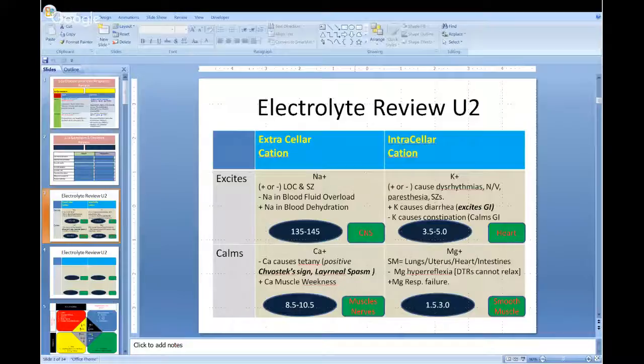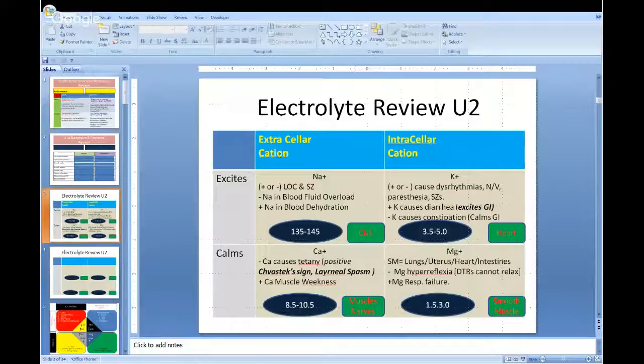It's 3.5 to 5, and it affects your heart. And then calcium? Calcium is 8.5 to 10.5, and it affects the muscles and nerves. Yep, and then what about magnesium, Ashley? 1.5 to 3, and it affects the smooth muscle.